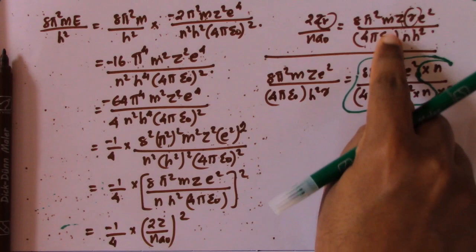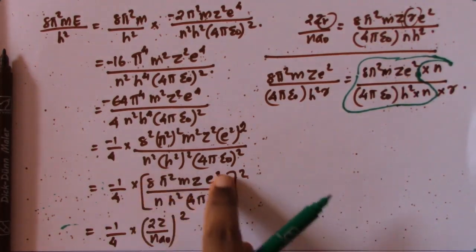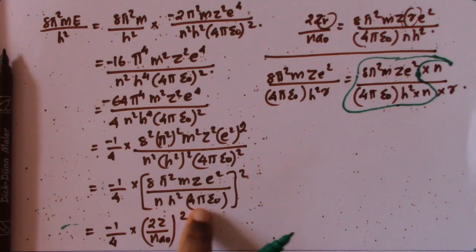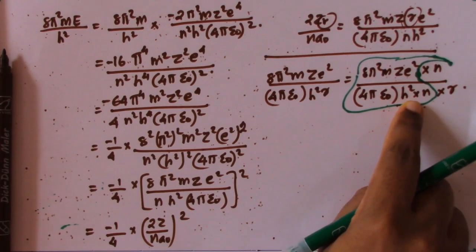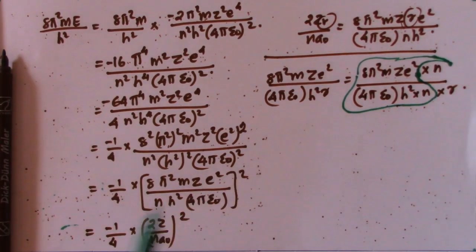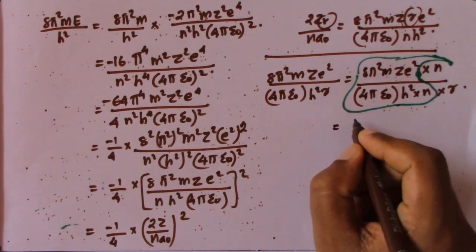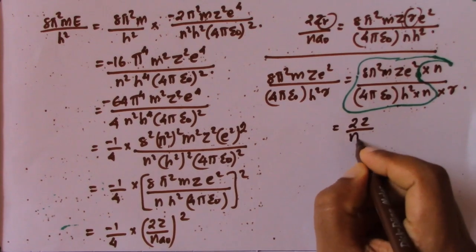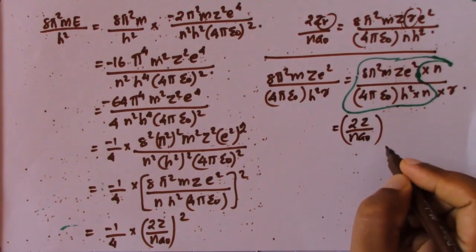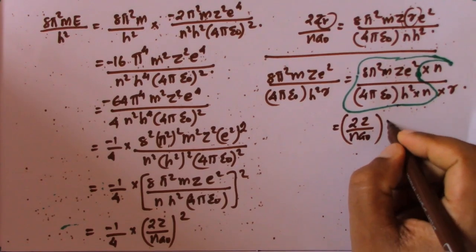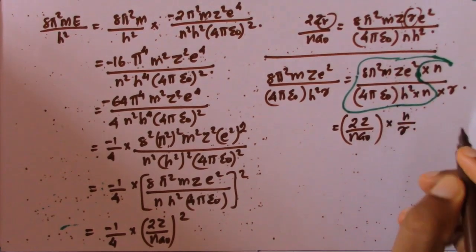What is that? This one, right? The same thing what we saw here. 8 pi square m z e square divided by 4 pi epsilon 0 n h square, that is 2z by n a0. So again we can write 2z by n a0 into n divided by r.